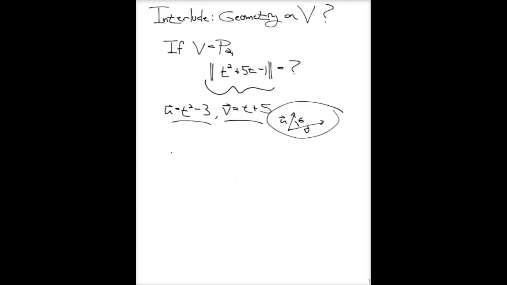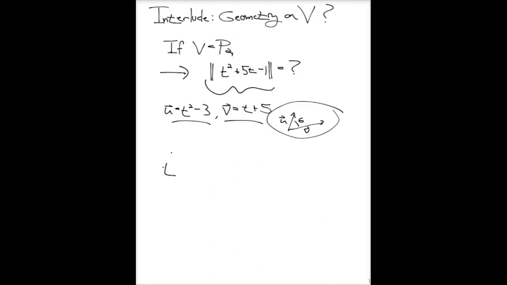Well, in this case, we can make sense of these notions, and we can do it by remembering that all of these things can be written as coordinate vectors. So, for example, to answer the first question, what would the length of t squared plus 5t minus 1 be?